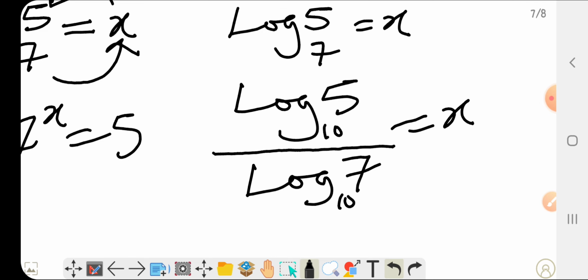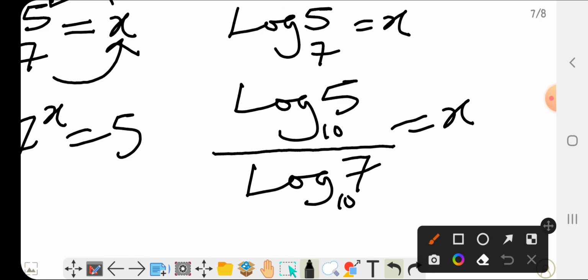So for the numerator, which is log 5, it is now in base 10. I gave it base 10. I can now use my calculator and I'll just type in log 5, and that will be 0.6990.